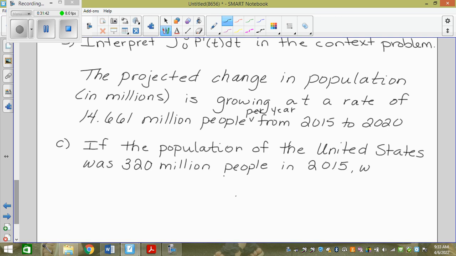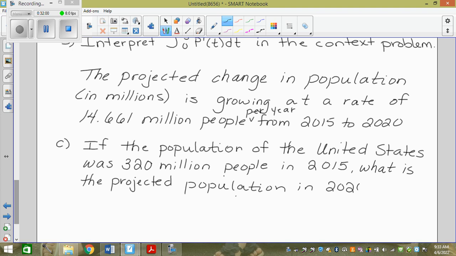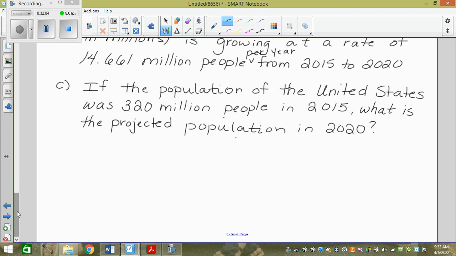What is the projected population in 2020? Don't let it overwhelm you. Let's just use our brain cells.